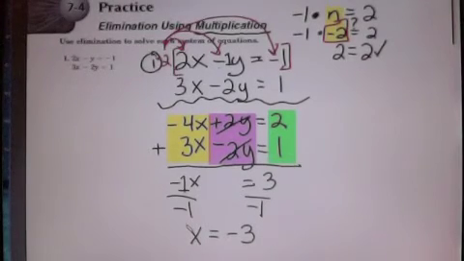Now take the x that equals negative 3 and substitute that into either one of your equations. It does not matter. So I'm going to plug it into the first equation. So instead of 2x, I'm going to write 2 times negative 3 minus y equals negative 1.